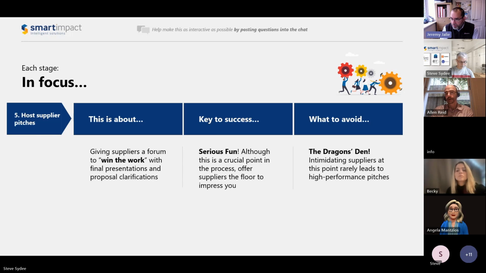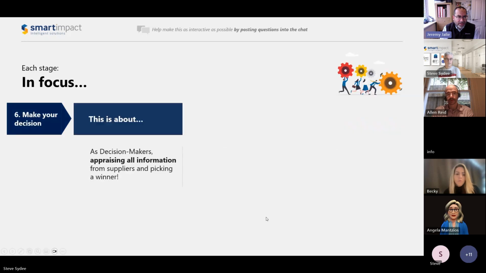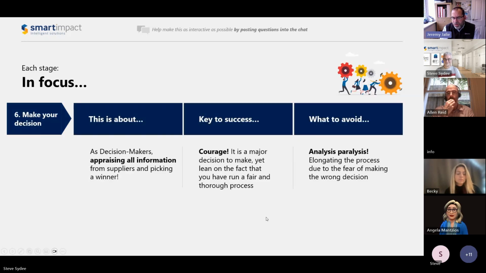If I could have the final slide, Steve, this is going to be a pretty quick one, I think. So you've gone through this process, you've had an ITT response or an RFP response, you've met with your provider, and it's time to make a decision. As I said earlier on, in terms of evaluation, make sure you have some sort of objective criteria, because you do need some way to make an informed, objective decision.